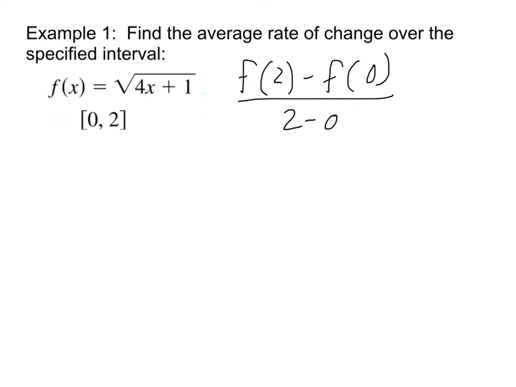Square root of 9 is 3. Minus 4 times 0 is 0, plus 1, square root of 1 is 1. Over 2 equals 1. So the average rate of change over this interval for this function would be 1. Hopefully you got that right. Moving on.